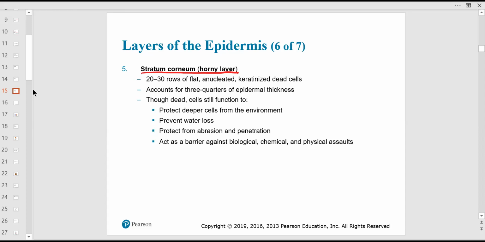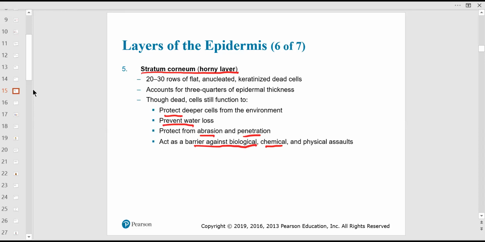All right, so this is really the area of protection. This is the stratified squamous, preventing water loss, protecting from penetration and abrasion of anything. So this is our first line of defense. It has like an acid mantle, which is antibacterial, right? And it has an acid layer. That's why it's chemical. It's a little more acidic, which is antibacterial as well.